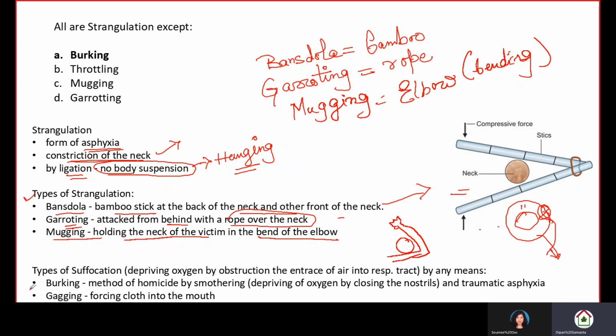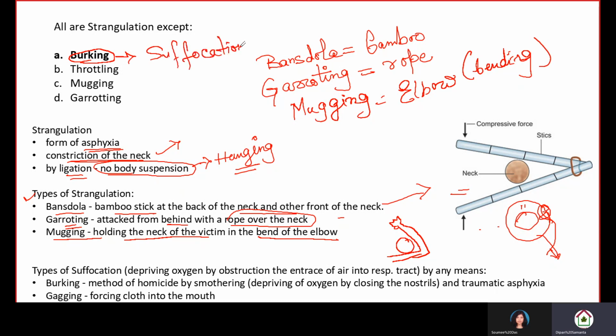Another thing is suffocation. So the question was, all are strangulation, but which one of these is not strangulation? That is barking. Then what is barking? Barking is suffocation.